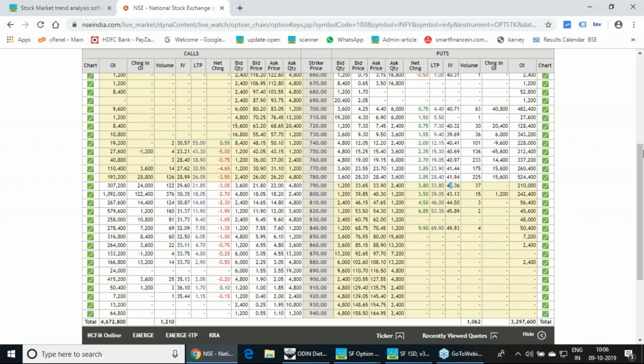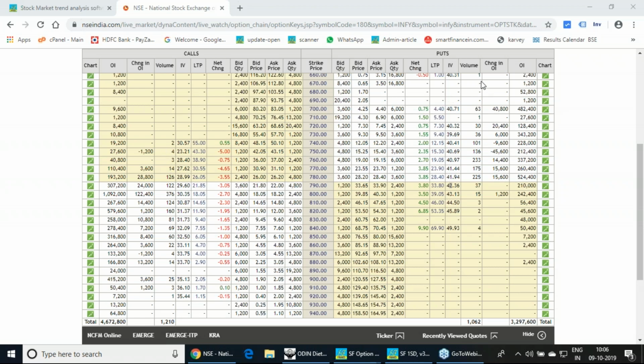So when the put IVs are more and call IVs are less, what does it signal? Can anyone tell me? Put IVs are more, trend is bullish. May go up post the result.